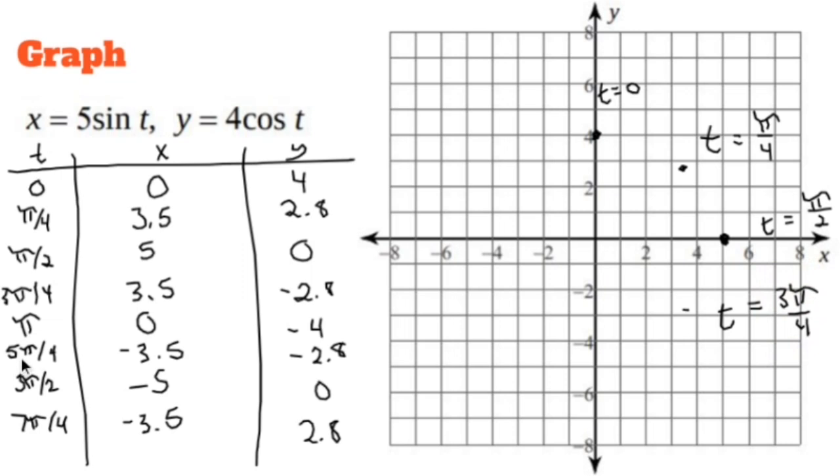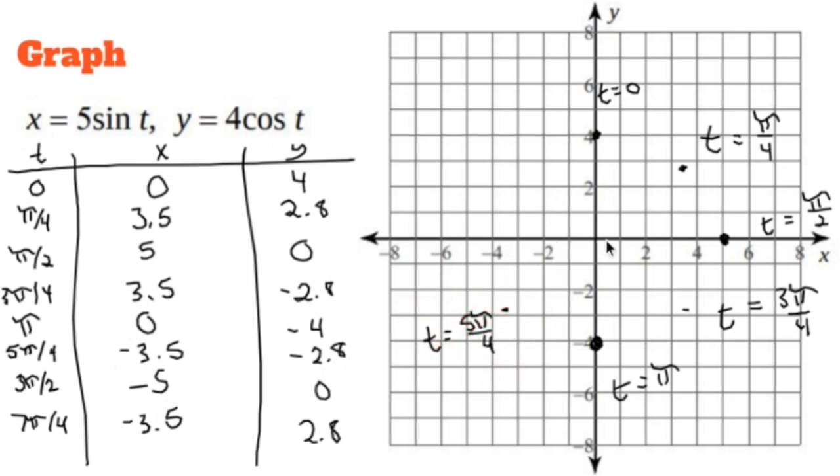What's the next one? 0, negative 4. That's when t was pi. Negative 3.5, negative 2.8 right around there. That's when t was 5 pi over 4.